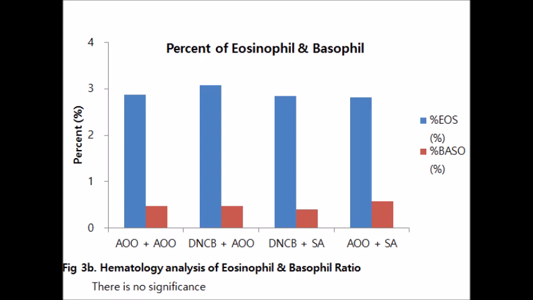So I did an additional experiment, and figure 3b shows the hematology analysis of eosinophil and basophil ratio. We can see from this graph that substance A does not trigger eosinophil and basophil ratio imbalance.